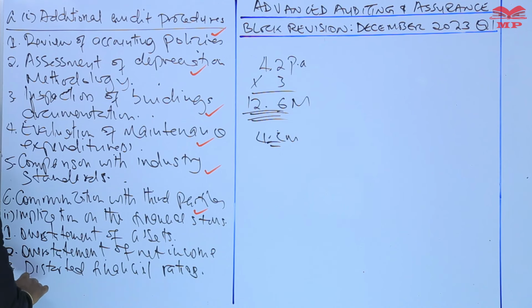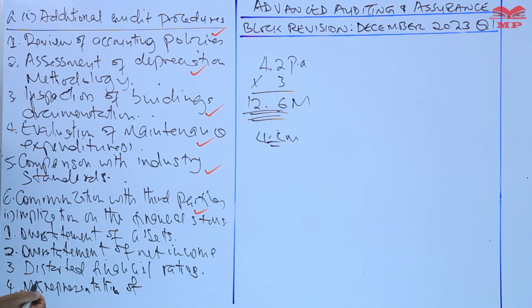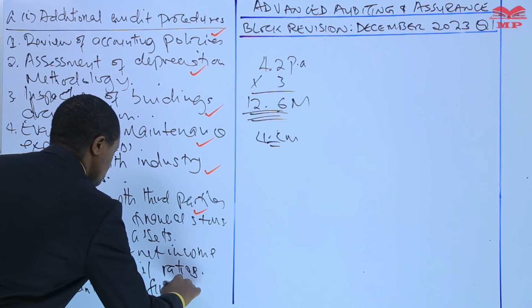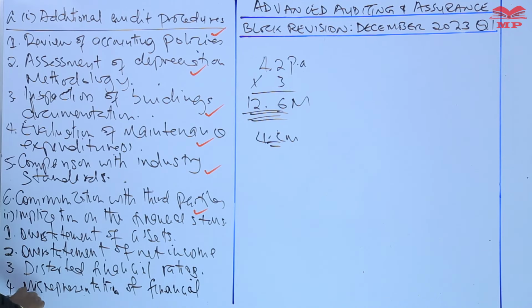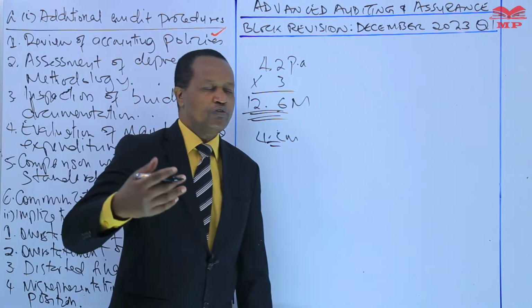Number 4, misrepresentation of the financial position of the company. Financial statements are meant to provide a true and fair view of a company's financial position.